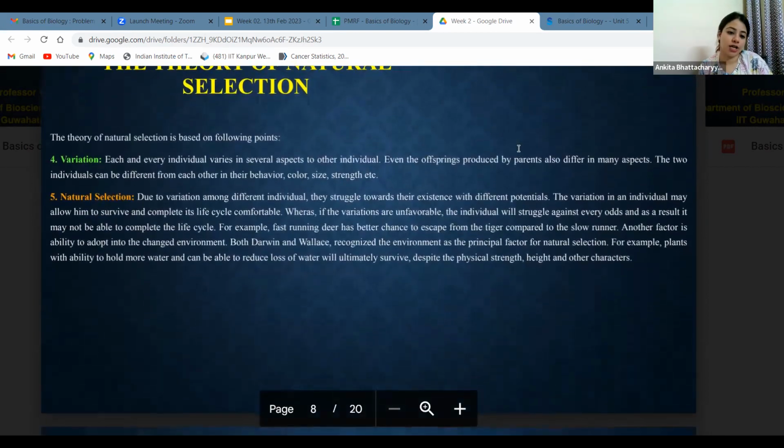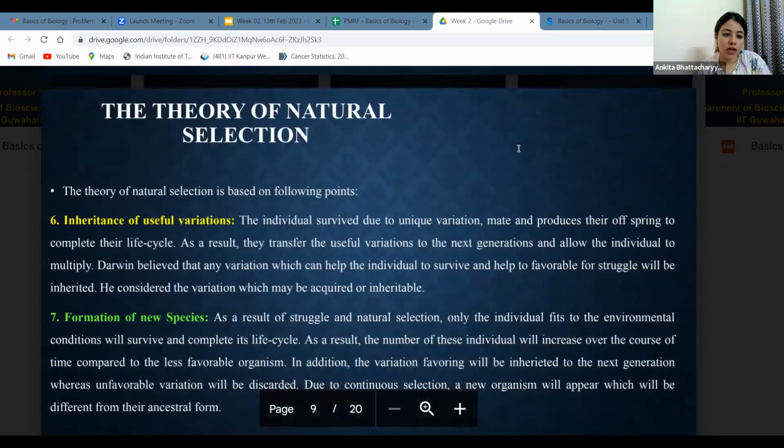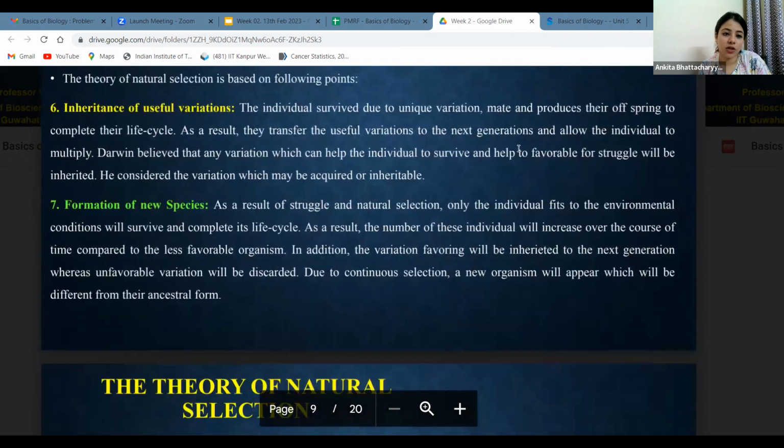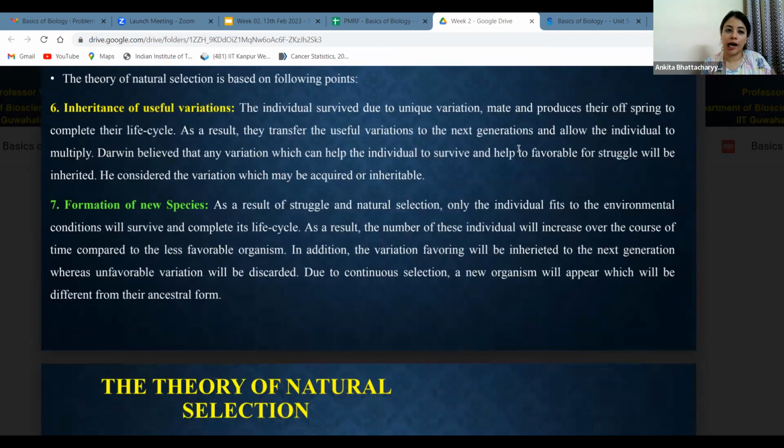Also, he talked about variation and natural selection, as I've just discussed, so inheritance of useful variation. Whatever variations you acquire can either be a benefit or a disadvantage, or might not have any advantage.